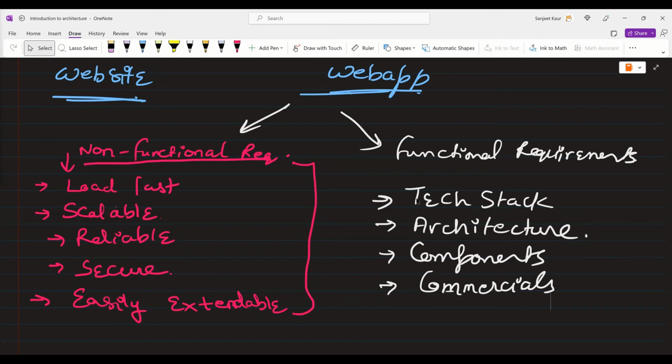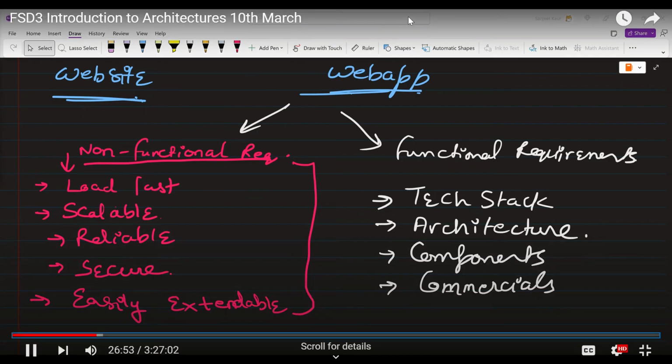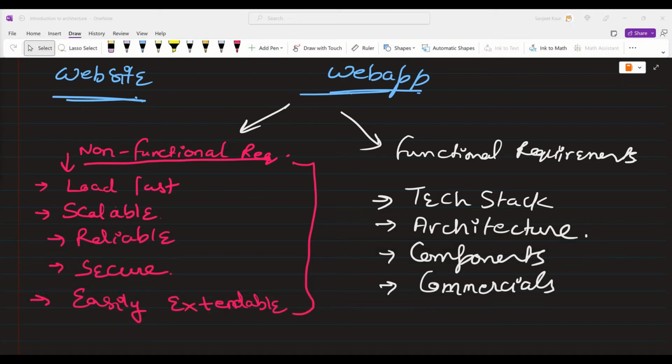Then the components. You can't make the whole website in just 1 week or 1 day, right? So for making that whole software or application, you will be dividing it into different components. For example, if you are making Instagram, on Instagram also there are different functionalities. You decide that you will be making user profiles, then functions to post, then functions to like and comment on the post.